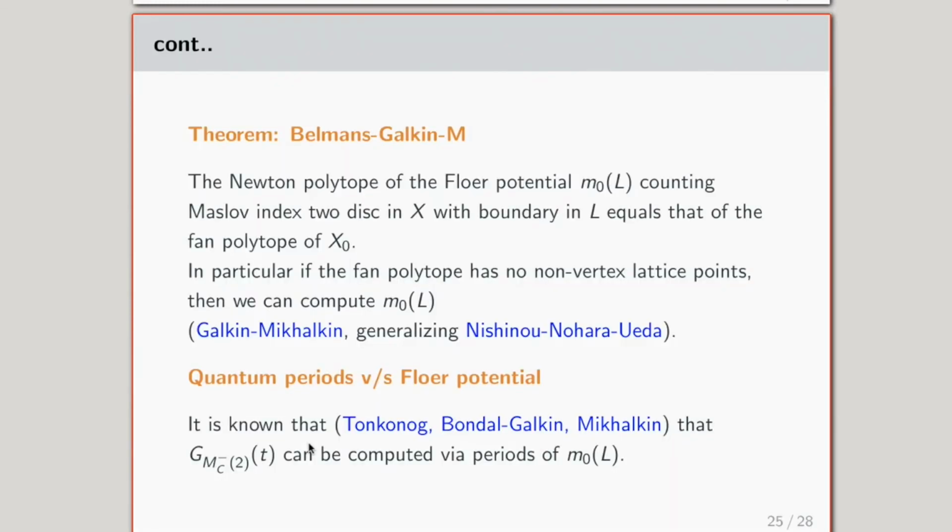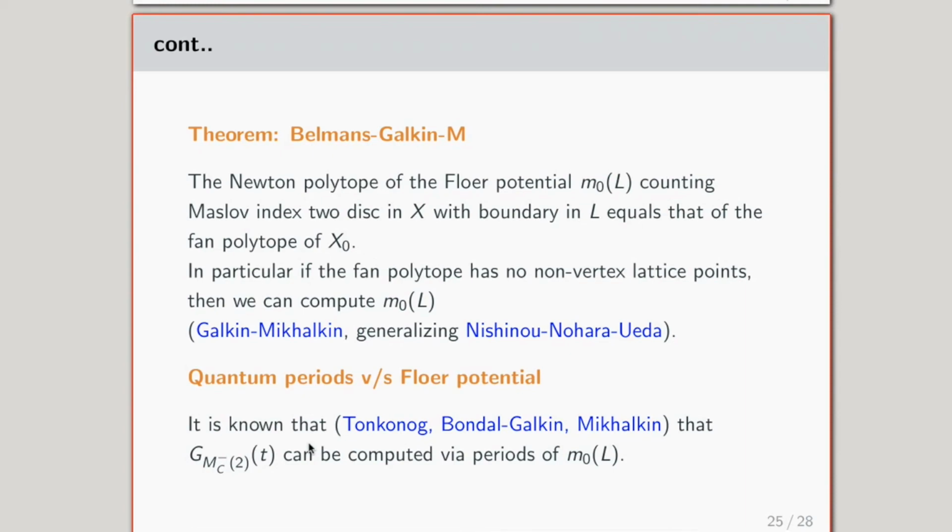Okay, so now the theorem that we prove is the following. To a monotone Lagrangian torus, one associates what is called the Floer potential.